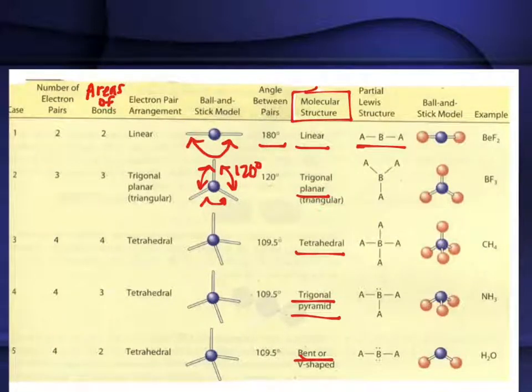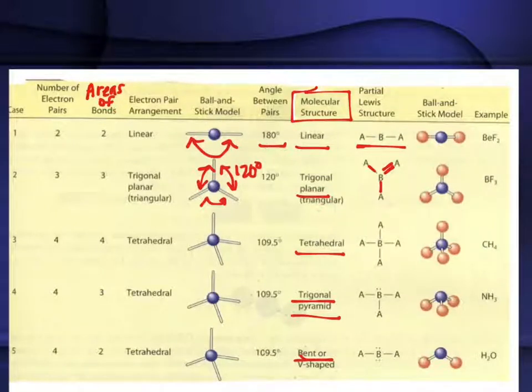So it's trigonal planar. Three areas of bonds. Again, you could have a double bond right here, so you could have 4 bonds, but there's 3 areas of bonds.